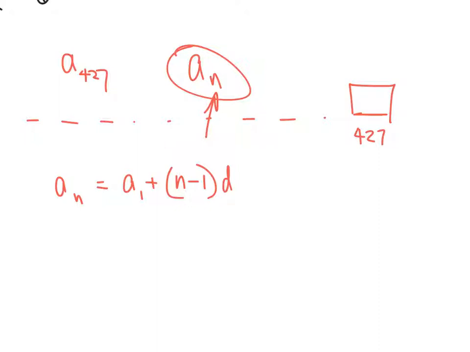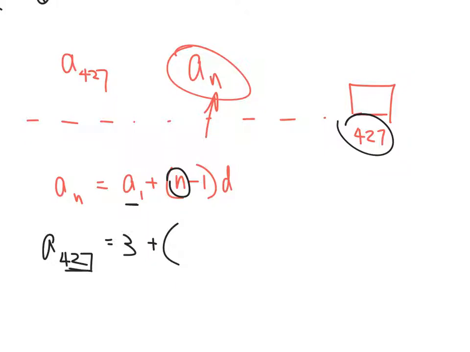So let's say, for example, that I was looking for the 427th number. That's going to be my first place value number, and let's say it's 3. Okay, that's my first number, plus n. What is my n? Well, we just said it was 427.